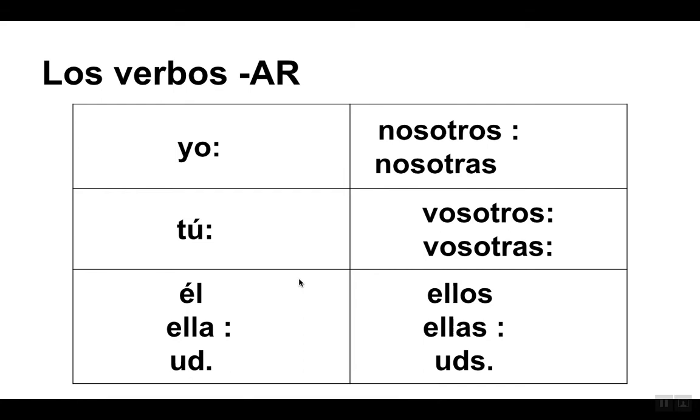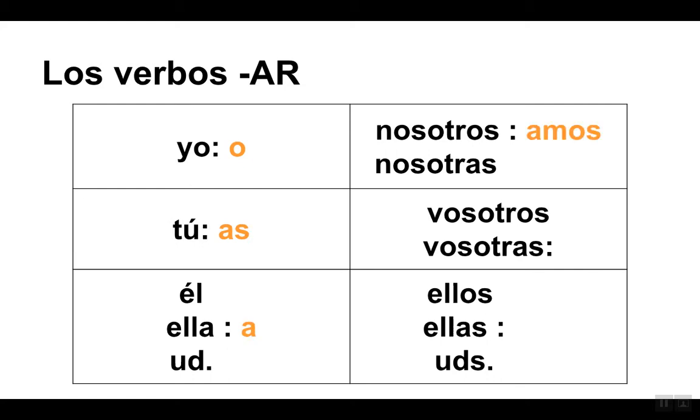The endings for AR verbs are o, as, a, amos, áis, an. And you see they're all paired up with those subject pronouns, and they go with those, okay? So depending on who is doing the action, we're going to use those endings, those orange letters, to tell us who's doing it. And in this case, this is present tense endings, so when it's happening.